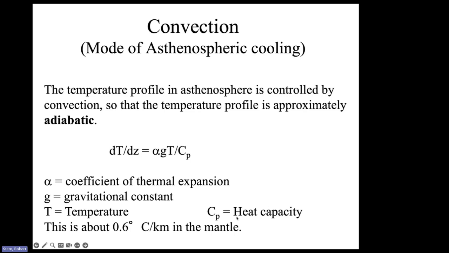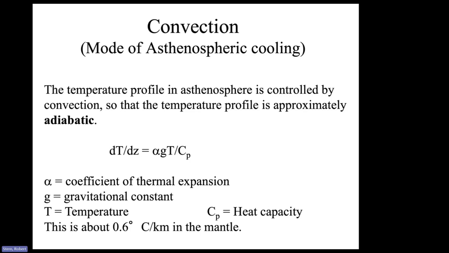And in contrast to the conductive geotherm, which is on the order of 10 to 20 or 30 degrees per kilometer, the convective geotherm, the adiabatic geotherm, is on the order of 0.5 degree per kilometer. It's very different.